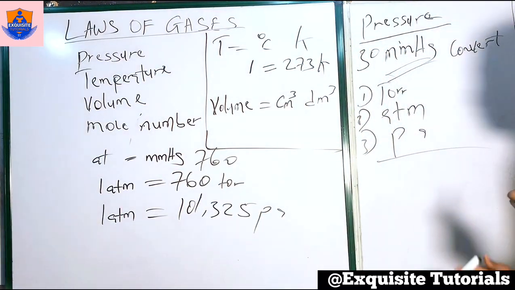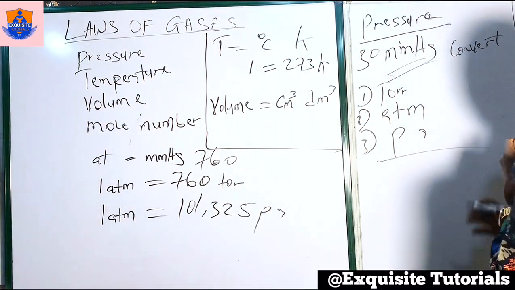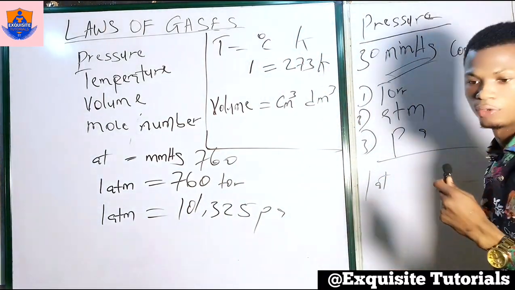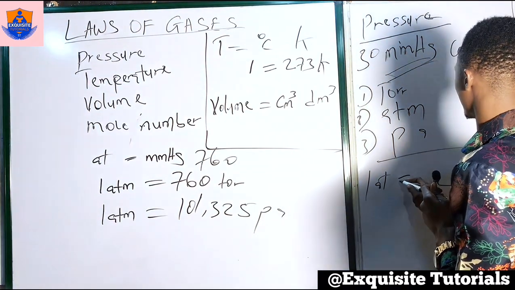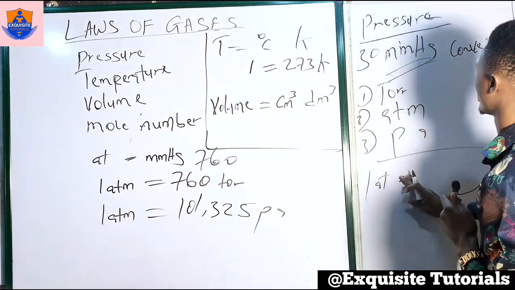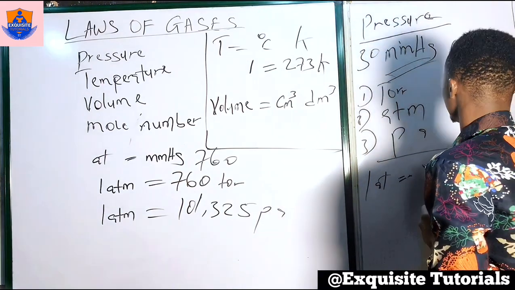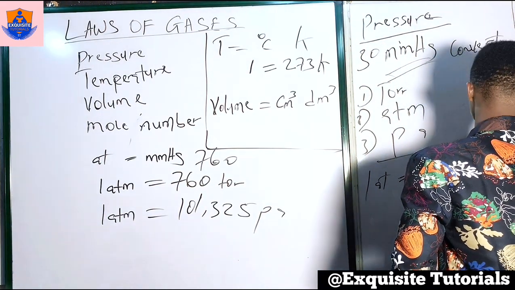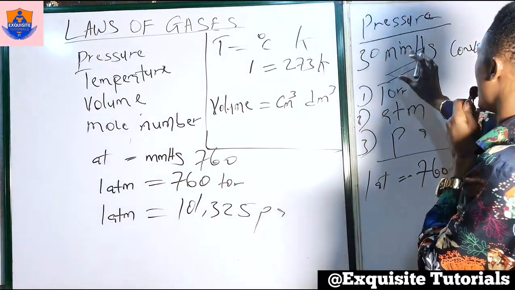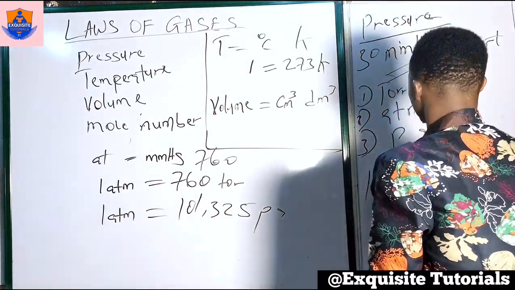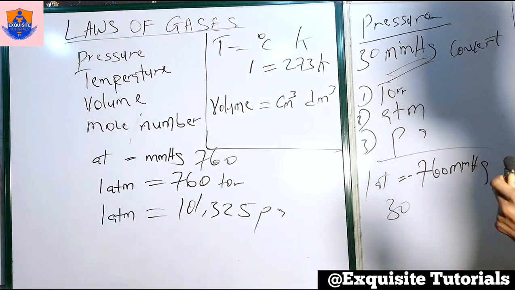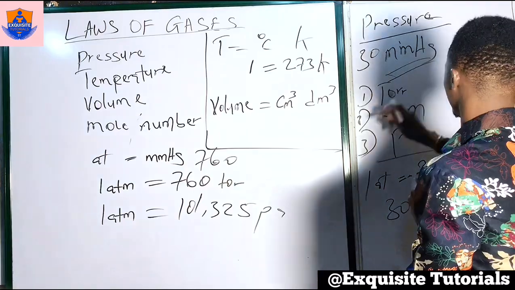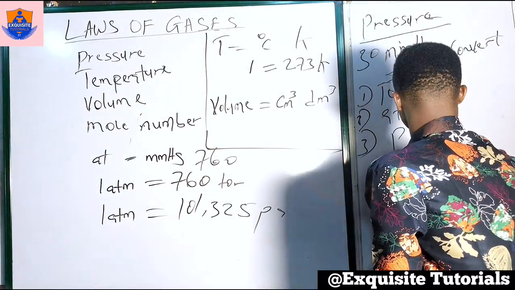Now, what do we do here? Just like I made us understand, 1 ATM of your pressure is equal to 760 millimeter mercury. Now that we are given 30 millimeter mercury, let's solve the first one first, converting to torr.